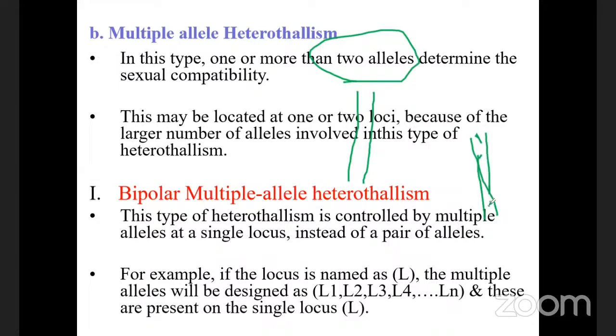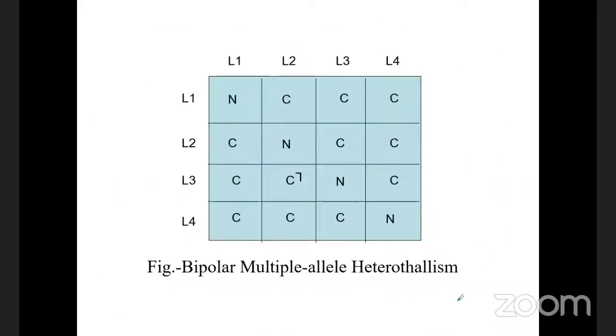Two different characteristic genetic materials at a single location. Suppose if you look at one location, 1, 2, 3, 4, like that, a greater number of genetic material variations in the single locus.